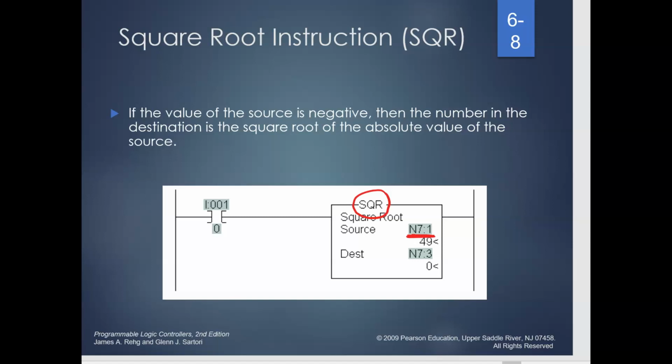This instruction will provide the square root of the address you provide as your source, and it will be stored in your destination. Something you should be careful about is that if the value you provide as your source is negative, the absolute value will be used, and the operation will be performed on the absolute value. So the square root of the absolute value will be saved at your destination.